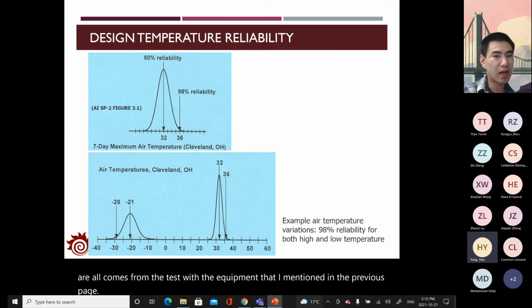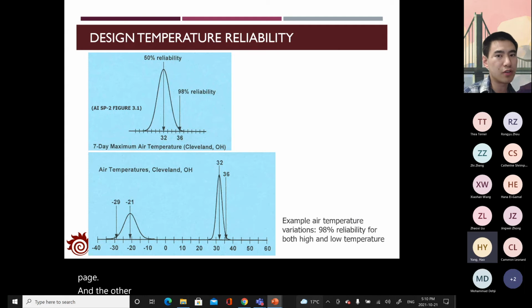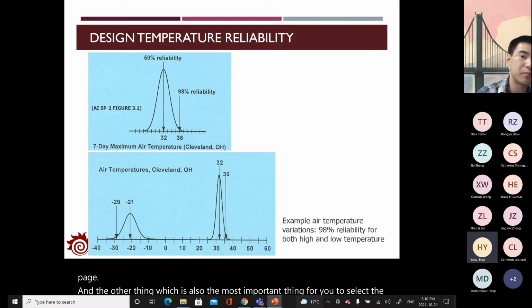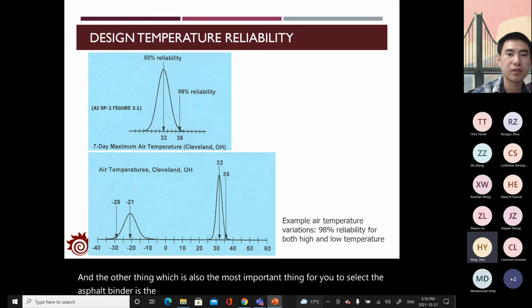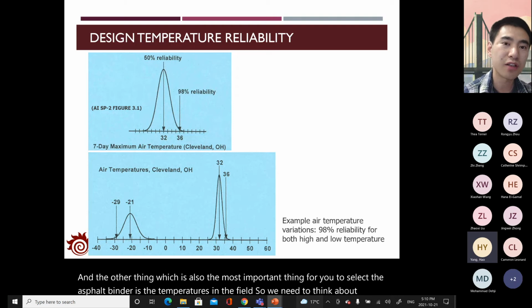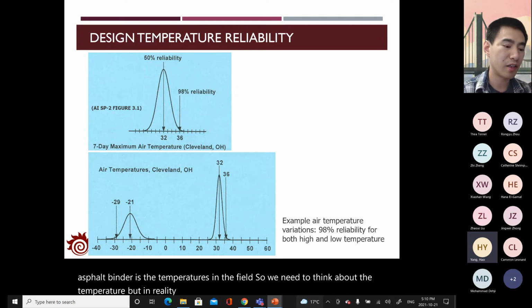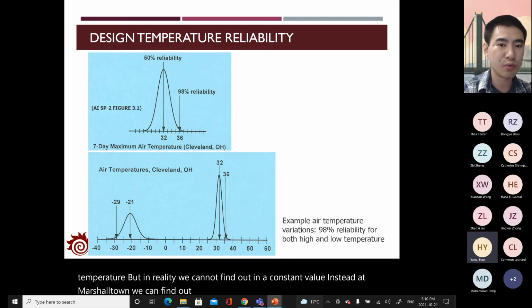The other thing, which is also the most important thing for selecting the asphalt binder, is the temperatures in the field. We need to think about the temperature, but in reality, we cannot find a constant value. Instead, most of the time the temperature is in a distribution.